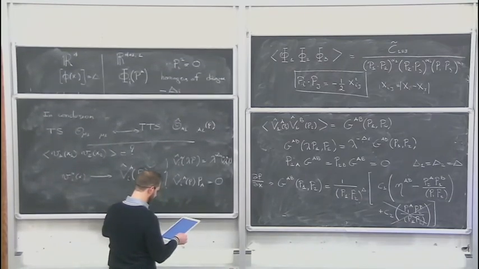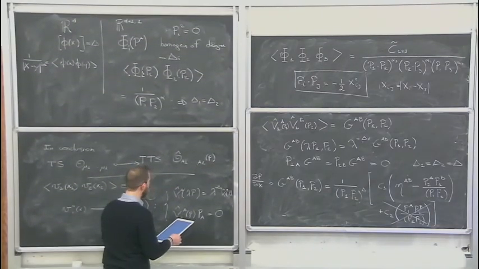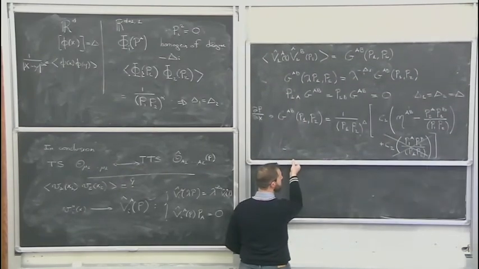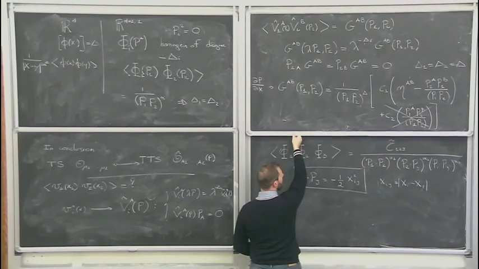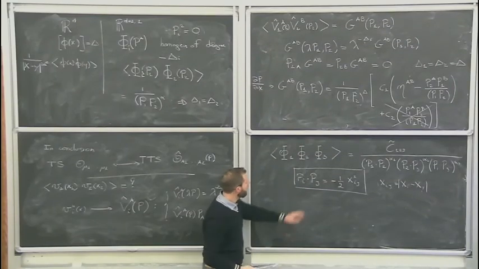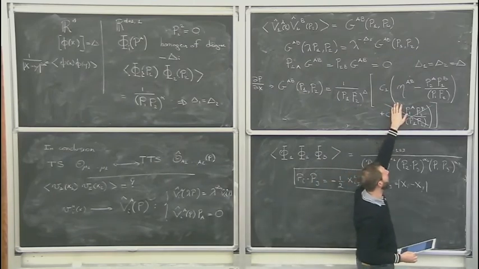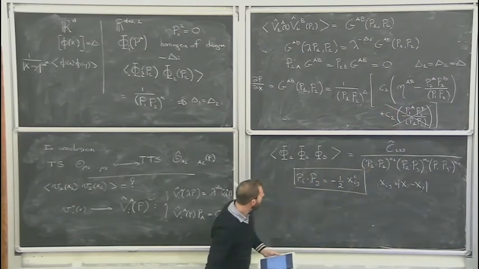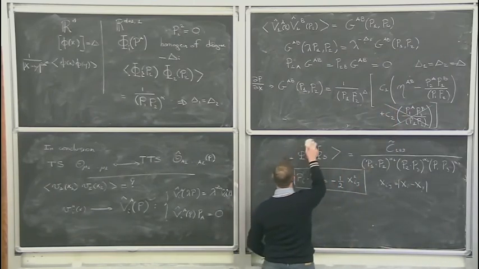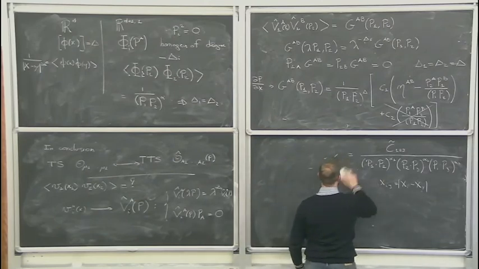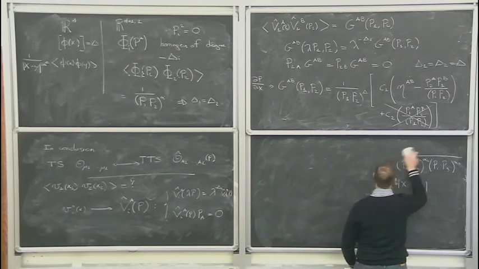You have to use this identity here, plus relate eta_AB to delta_AB. If you do that, you end up with a very nice formula for your original spacetime.